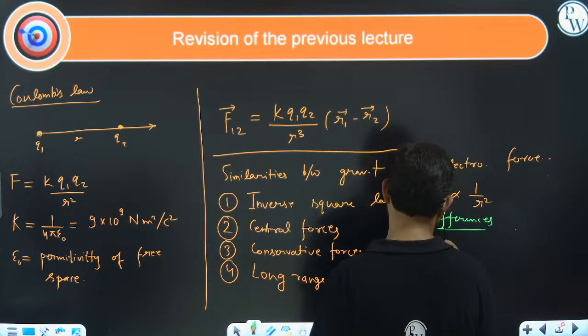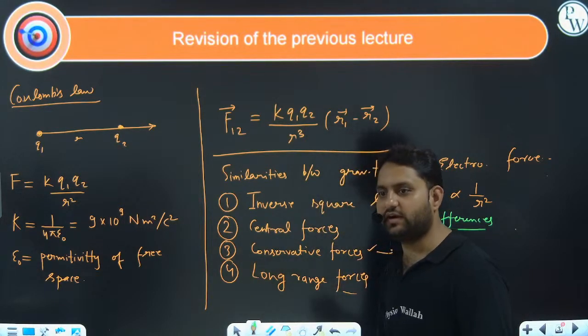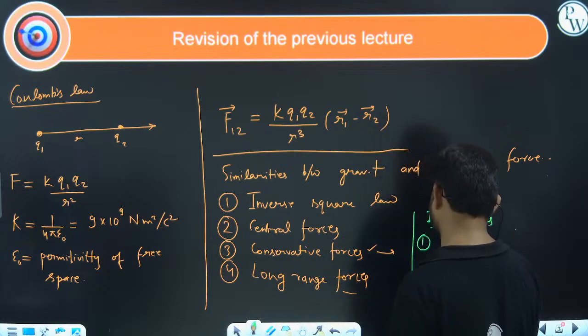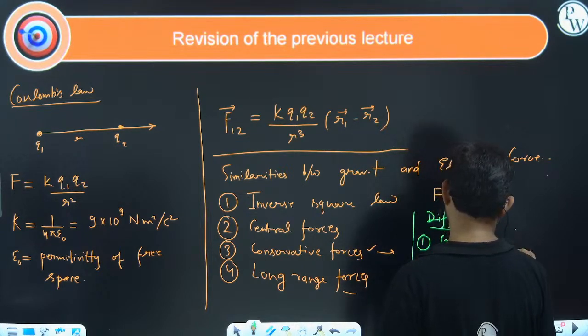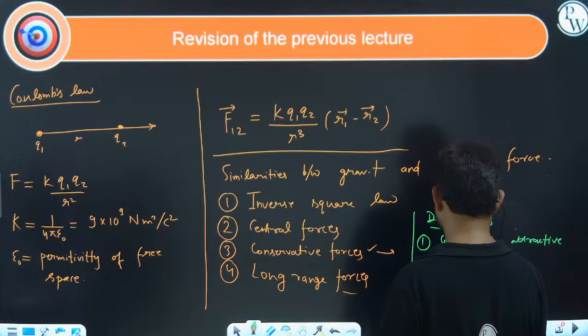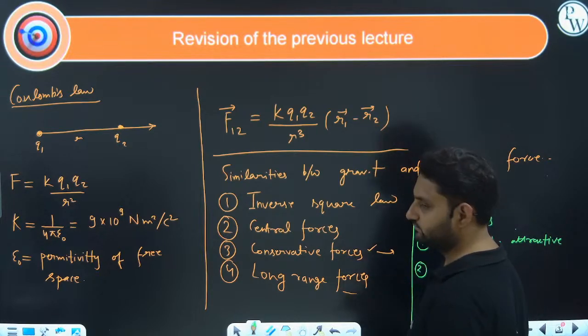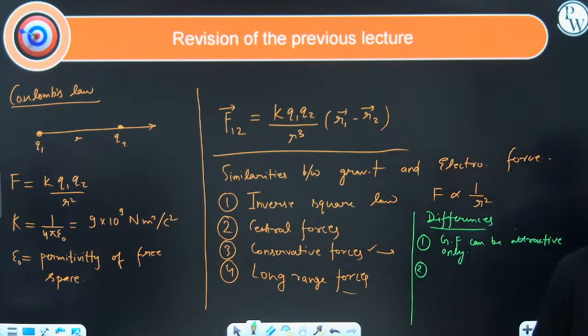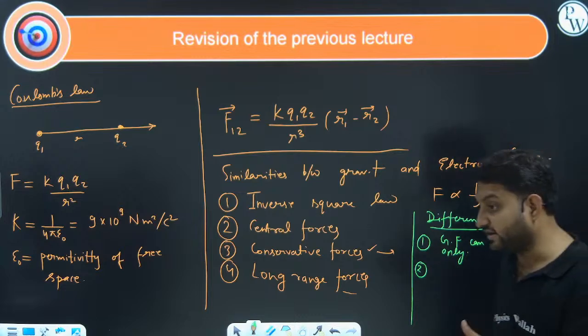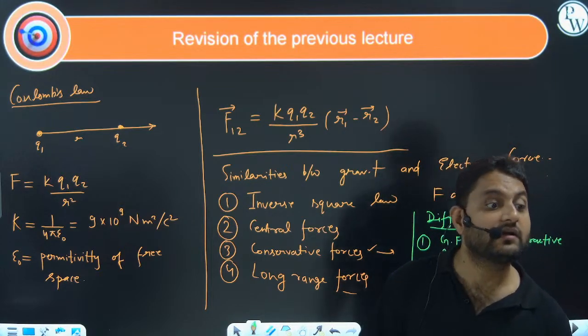First difference: gravitational force can be attractive only. Electrostatic force can be both attractive and repulsive, while gravitational force is only attractive. Second difference.